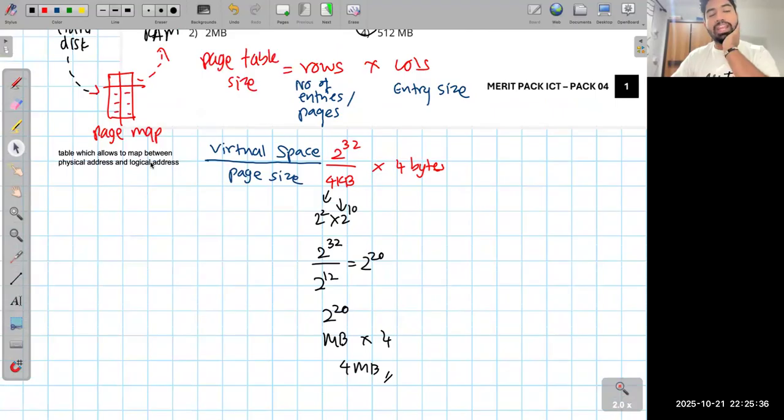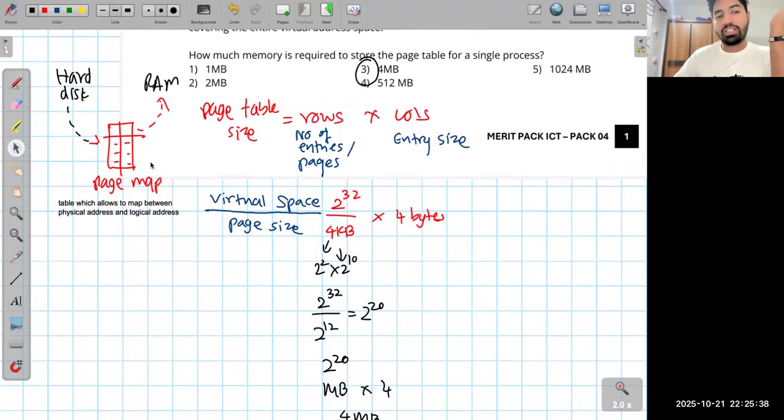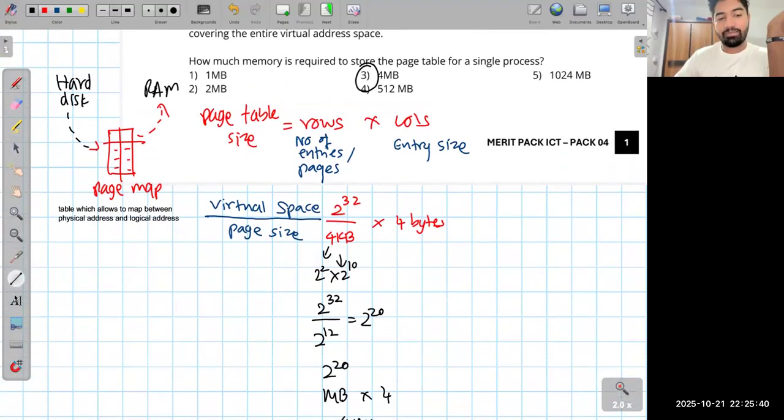This address is mapped. Logical address is in the hard disk. Okay, I'm trying to explain it. People who have forgotten: logical address is in the hard disk, physical address is in the RAM. So the data in the hard disk is mapped to the physical RAM. So it will be mapped to the table, and it goes into a table.